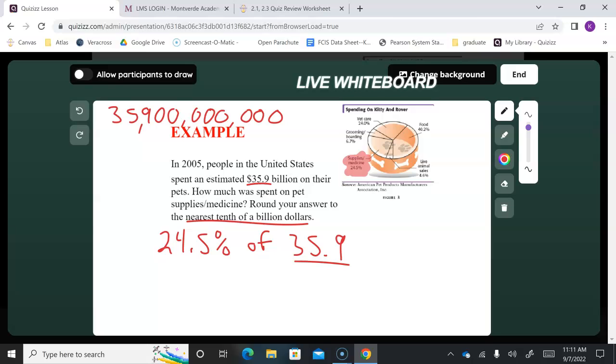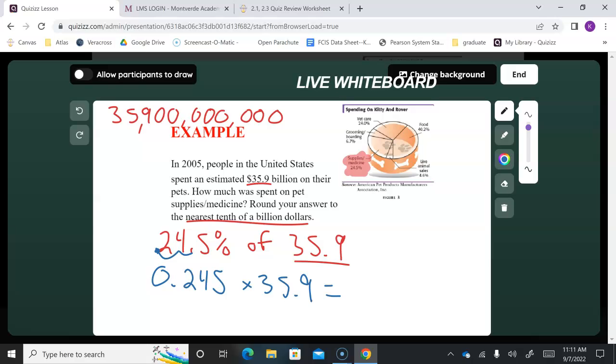So we just need to do our multiplication. What's 24.5% in decimal notation? 0.245. Move your decimal 2 places to the left. So that is our decimal notation times 35.9.